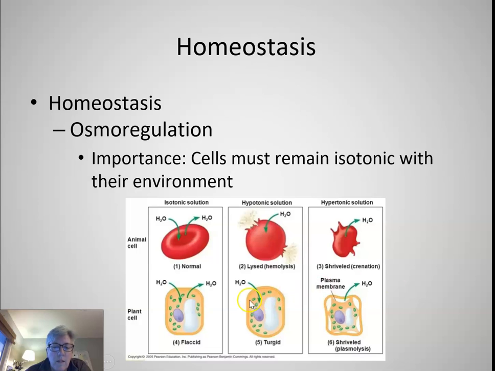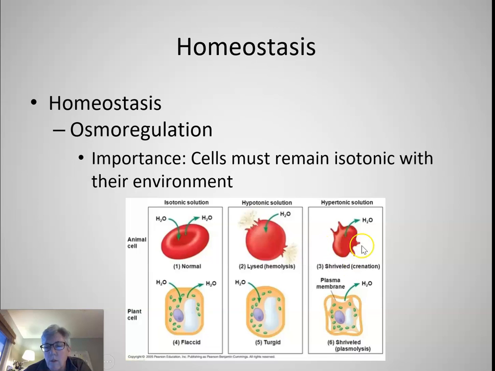In each of these cases, isotonic is healthy. The cell can maintain its homeostasis. In the hypotonic situation, the cell could very easily burst. That cell is going to fill up with water and it's going to burst. If it's a plant cell, the cell wall will prevent it from bursting, but it will get very full of water, in what's called turgid.